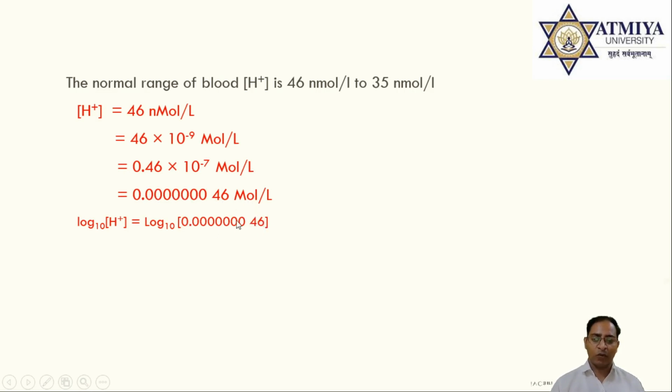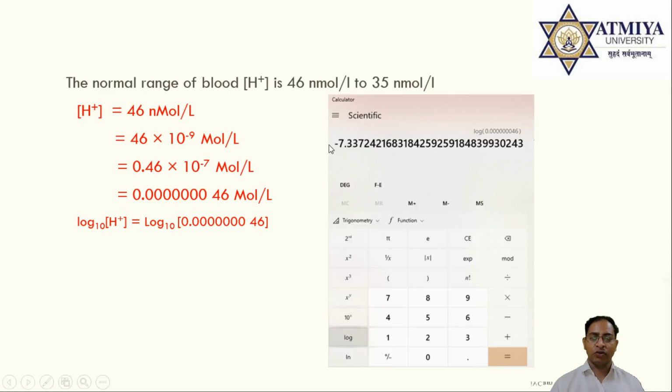If you want to calculate the log to the base 10 of this value, simply on your computer or mobile phone, open the scientific calculator, type 0.46 times 10 to the power minus 7, and press log. You will get the value of minus 7.337. Since the 7 is more than 5, I can round up the value to minus 7.34.